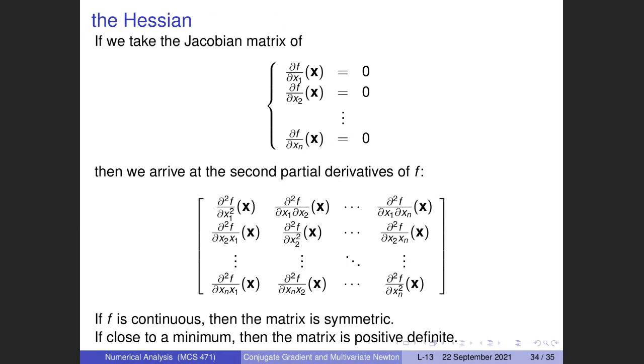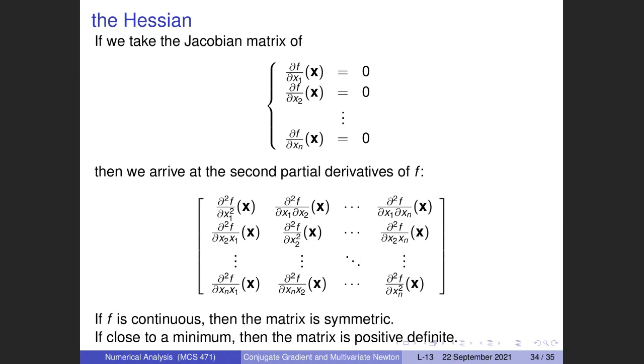And the point of this slide is actually to indicate where these symmetric positive definite matrices come in. Well, they come in from taking the Hessians of the forms that we try to minimize.